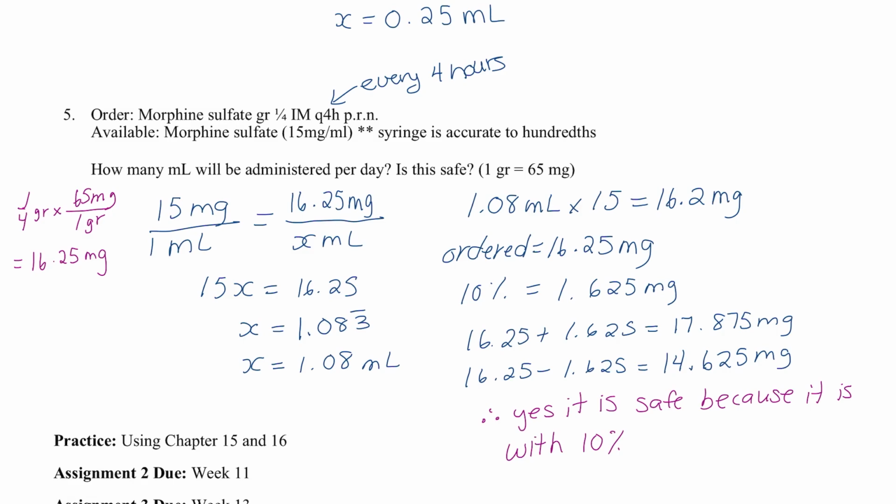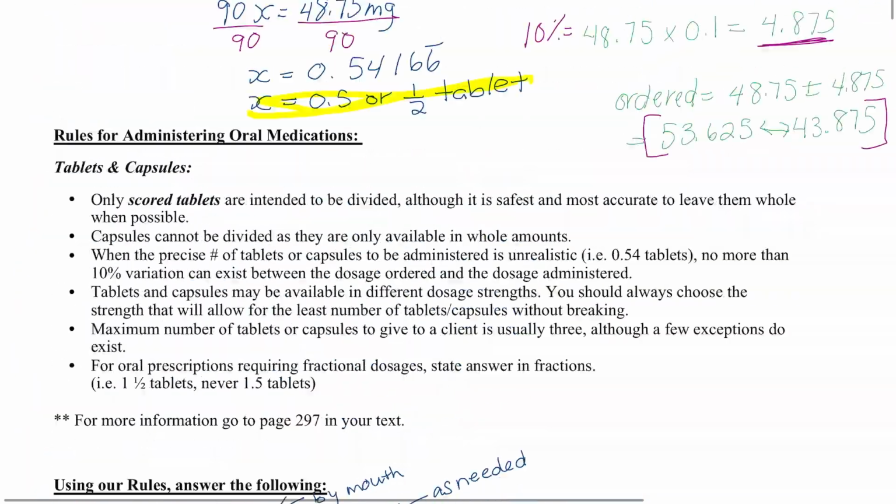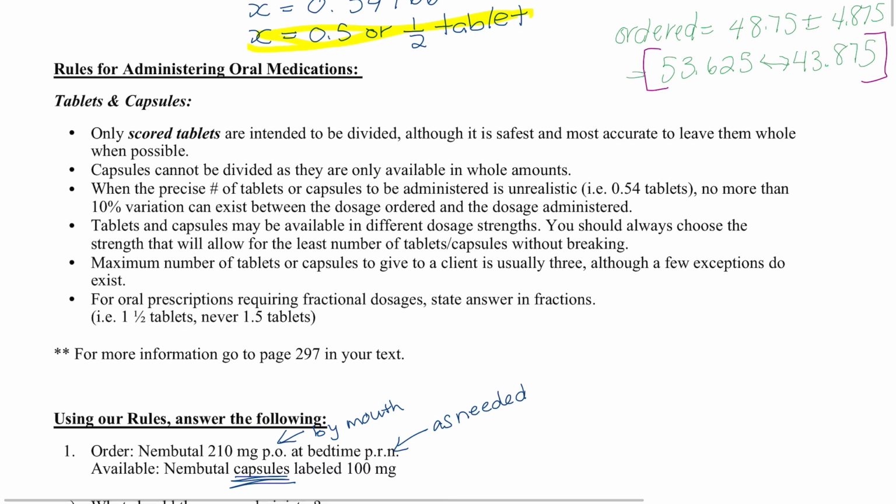Okay, so again, looking at our rules and the different things that we've talked about today, the calculations are the same, but what we've added in this lesson is really looking at the rounding and how that applies to the rules.